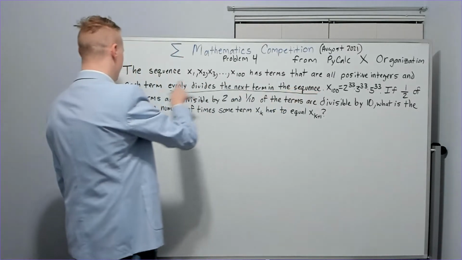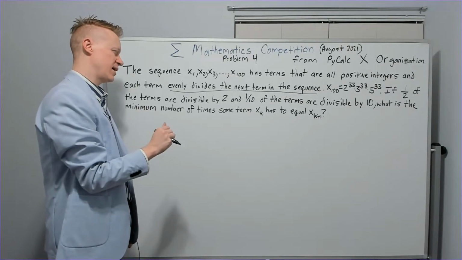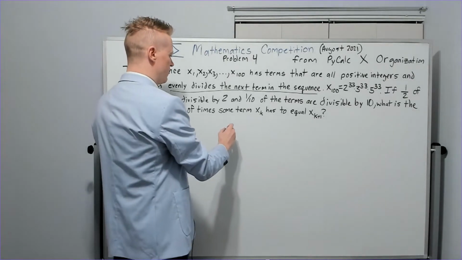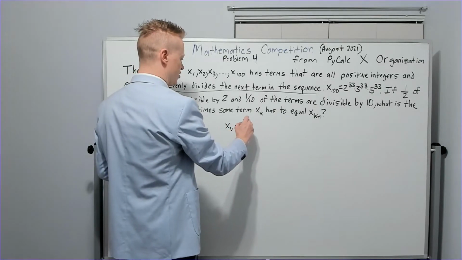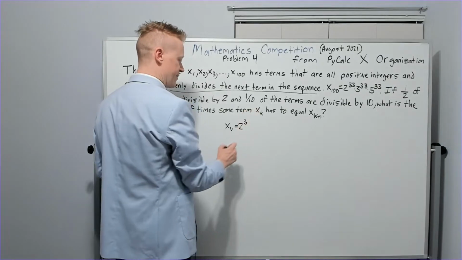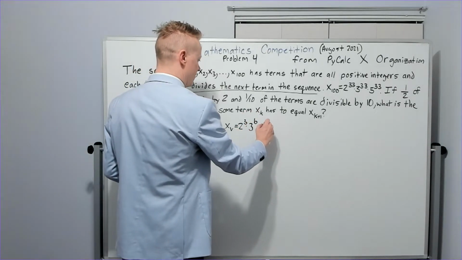Now, if half of the terms are divisible by 2, okay, so let's think about it. Let's say you've got some term x sub v, and it has a 2 to the, I don't know, third in it, and it's got 3 to the b and 5 to the c.